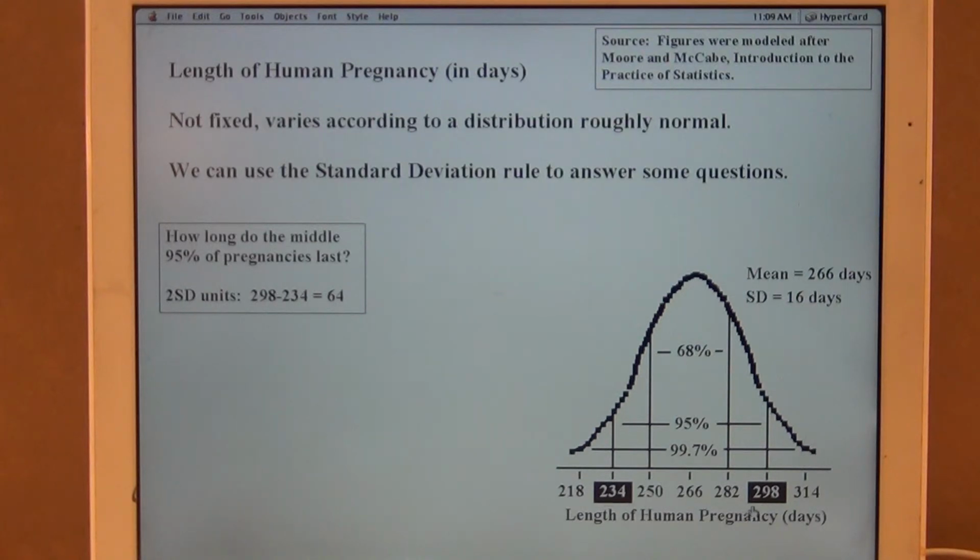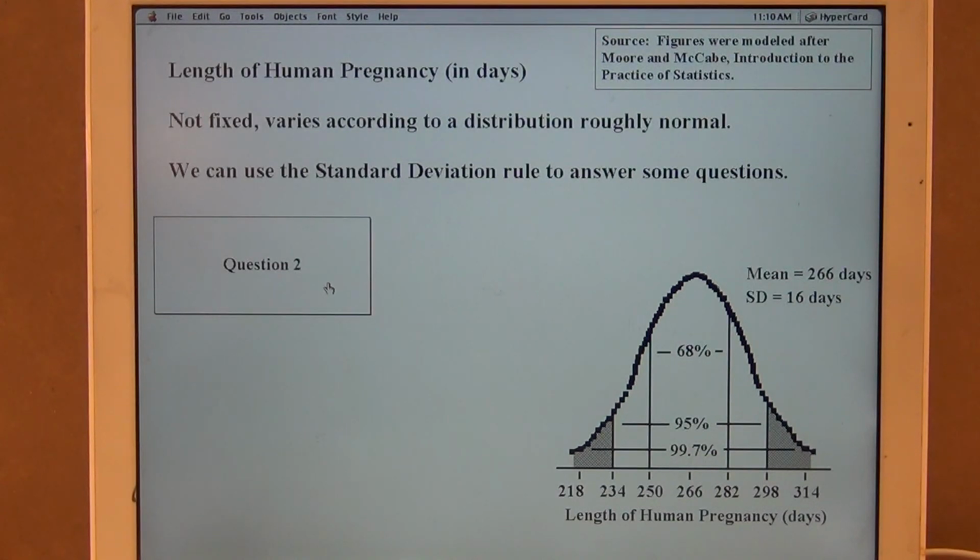So +2 would be 298 days, -2 standard deviations would be 234 days, because our mean is 266. So how long do the middle 95% of pregnancies last? Anywhere between 234 and 298.